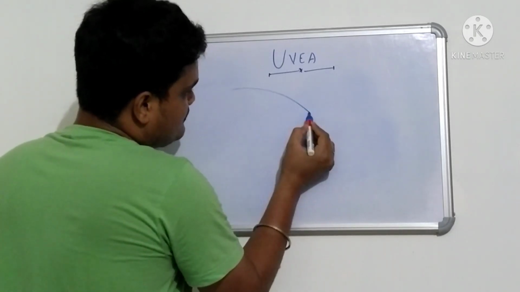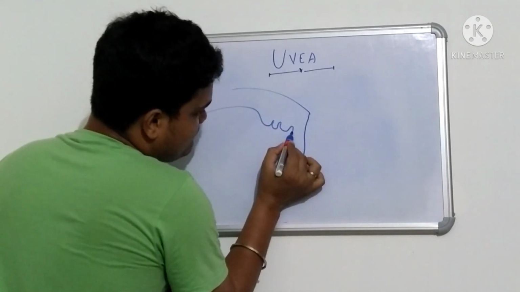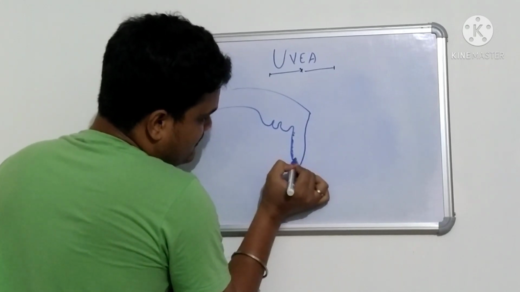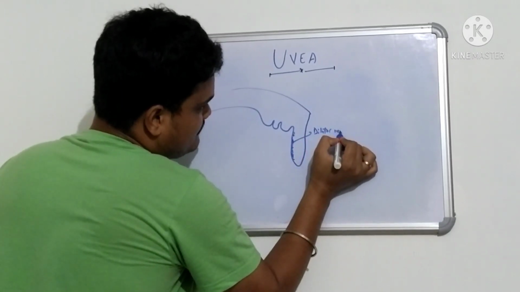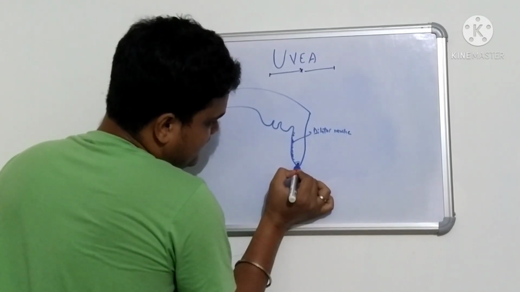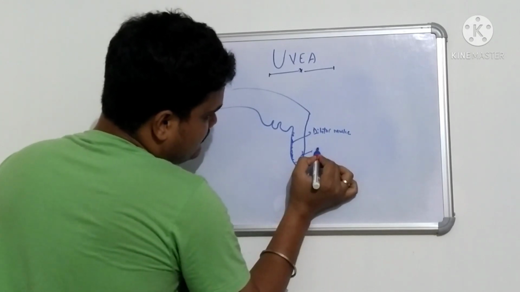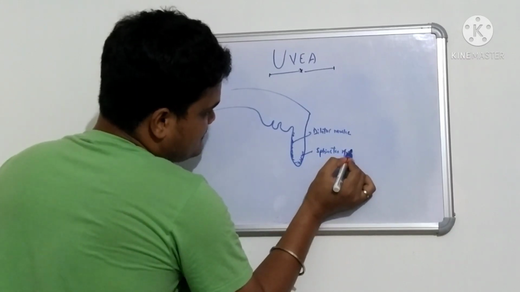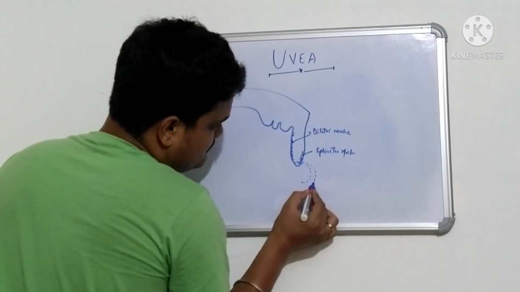Whenever we draw this picture of the iris, this area, the posterior segment of the iris, will contain the dilator muscle, and this particular area, the anterior segment of the iris, will contain the sphincter muscle, and somewhere there will be a pupillary aperture.